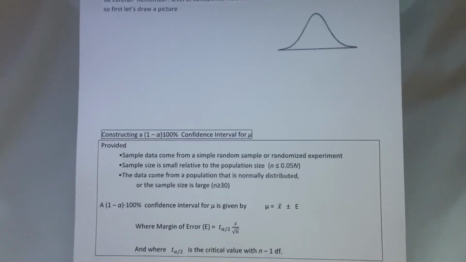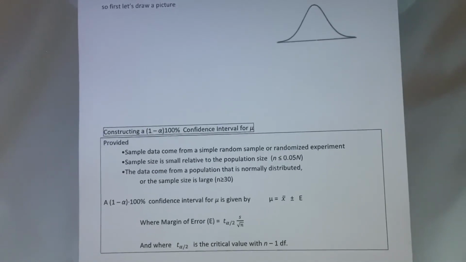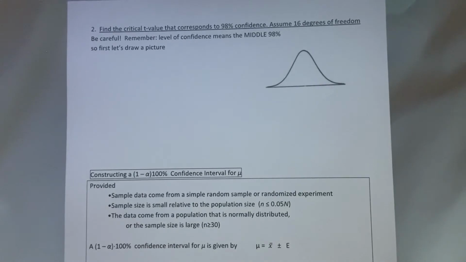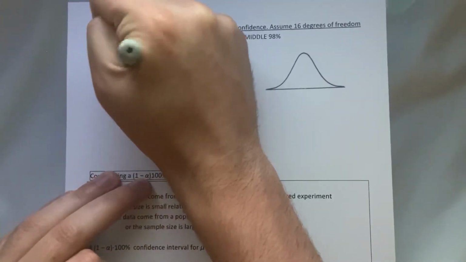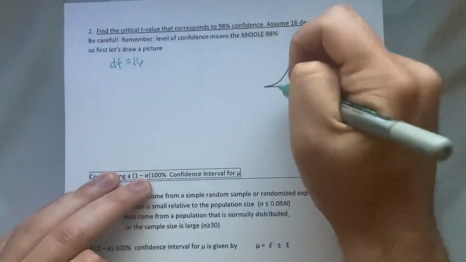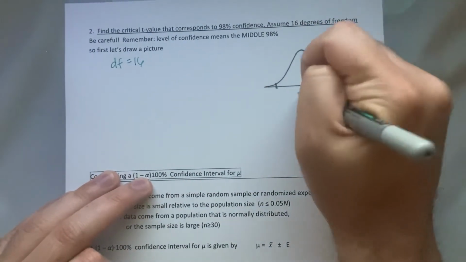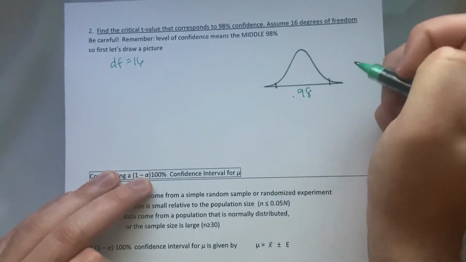So let's look at number 2. Find the critical t-value that corresponds to 98% confidence. Assume 16 degrees of freedom. Now be careful. Level of confidence means the middle 98%, so we need to draw it and see what's actually to the right of my confidence interval. Okay, so we have our degrees of freedom, 16. 98% confidence interval means 0.98 is here.